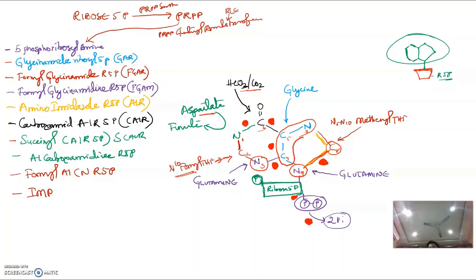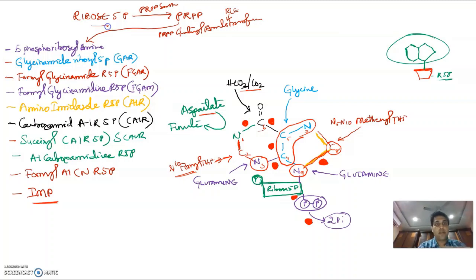Finally, IMP cyclohydrolase will complete the ring structure. So a complete inosine monophosphate is formed. Inosine monophosphate is the first purine nucleotide that is formed.